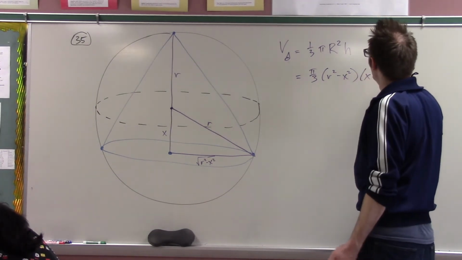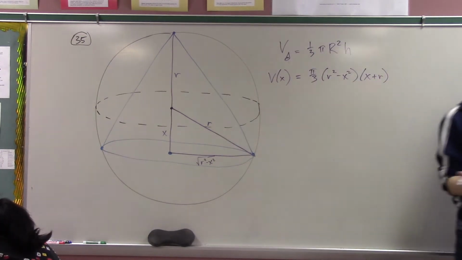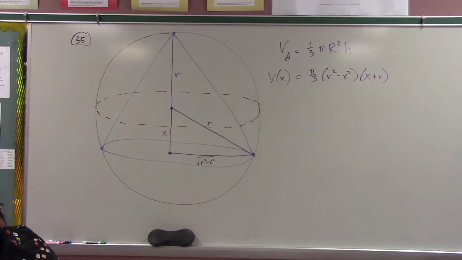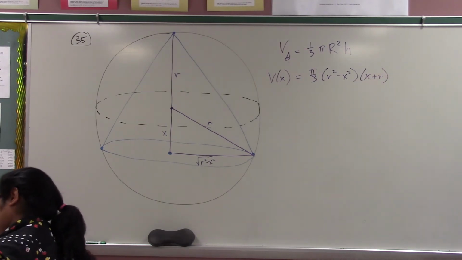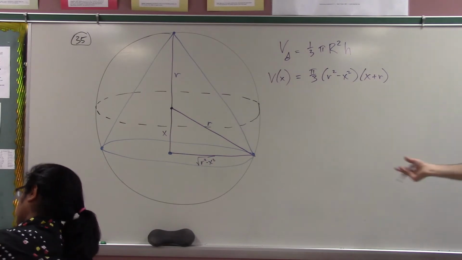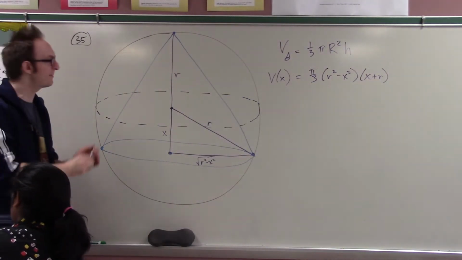So here I am, one step into the problem, and it's already kind of easy. I've done all the hard work already. All the hard work is in drawing a picture, labeling the picture, figuring out the relationships between the height and radius of the cone versus the height and radius of the sphere, picking a variable to represent what's unknown, and also maybe thinking about the problem in advance.